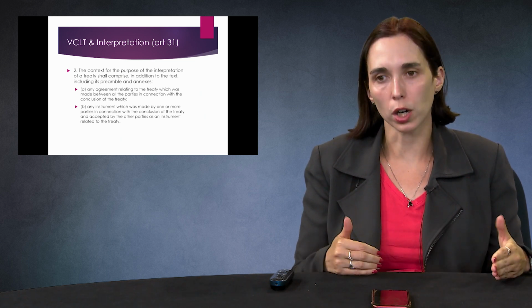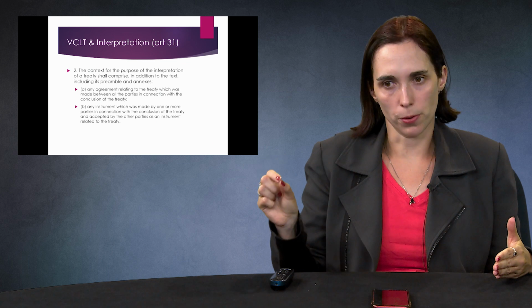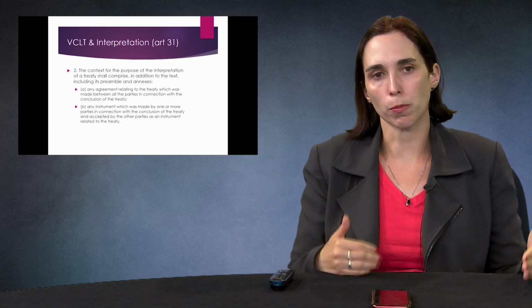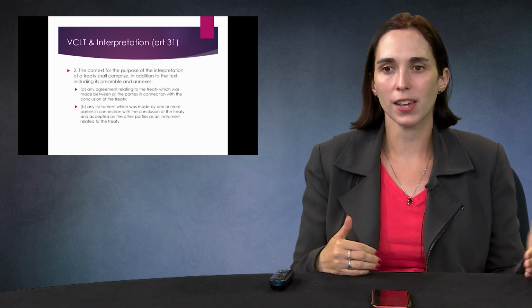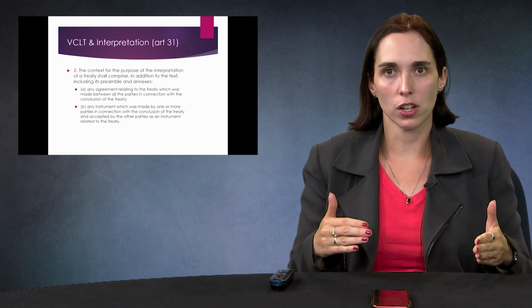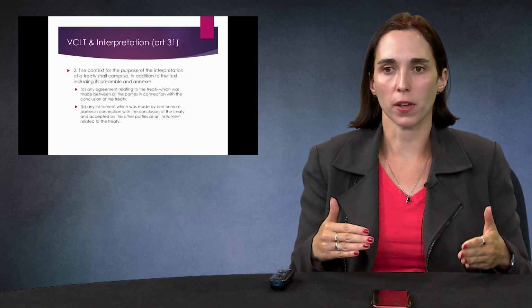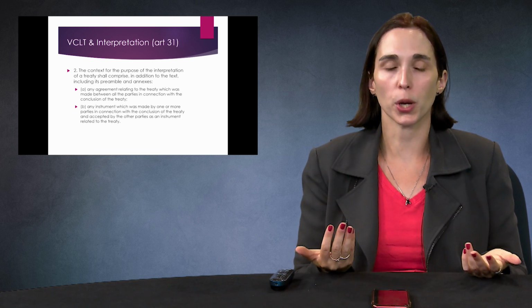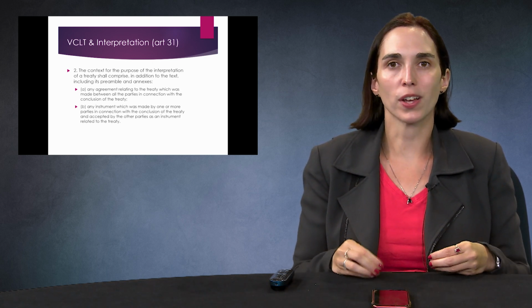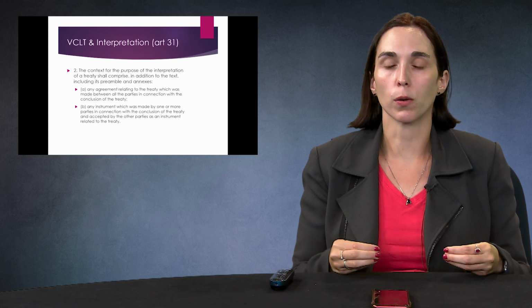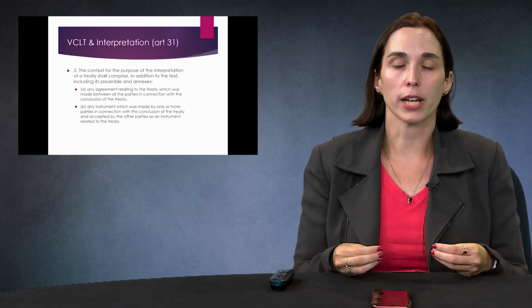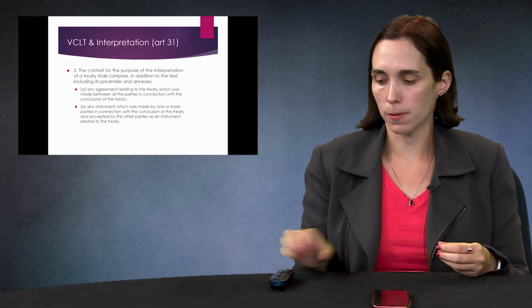Right? It's not one of the articles, it's that language up front under the title and before the articles that sets the stage. Why do we have this treaty that we've agreed to? What's its purpose? And so we use that to help us interpret, even though that language in the preamble is not operative in and of itself. The preamble language does not in and of itself create specific rights or obligations.